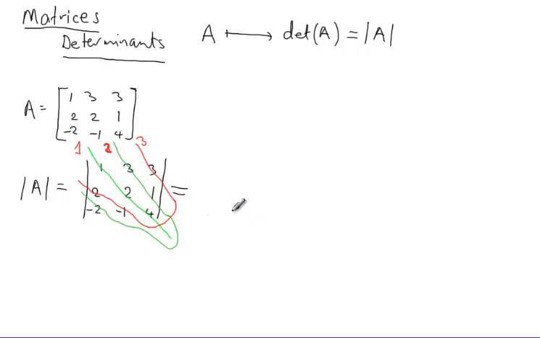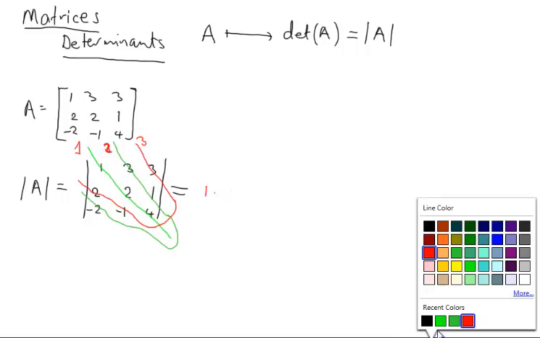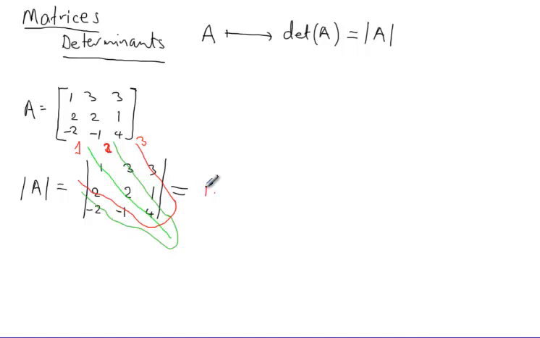Okay. So what's going to happen there? This is going to be 1. Sorry, let's write in black. Black is beautiful. 1 times 2 times 4. I'm talking about the product number 1. Isn't it? 1 times 2 times 4.